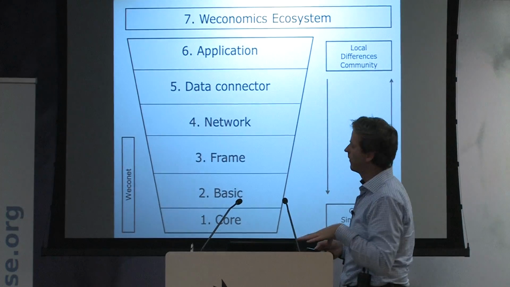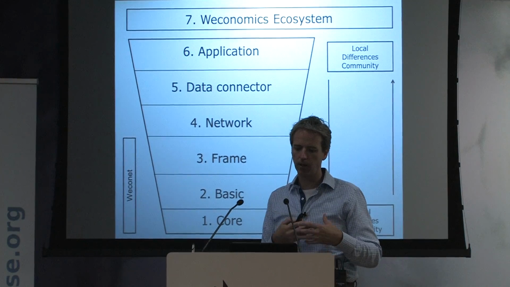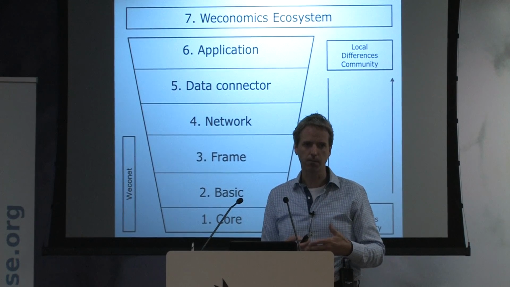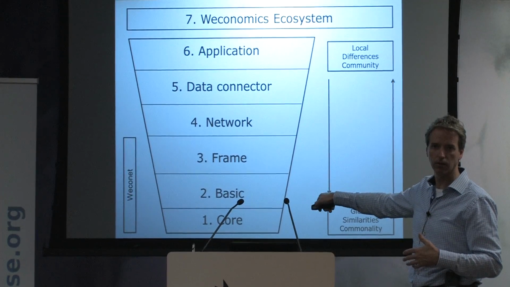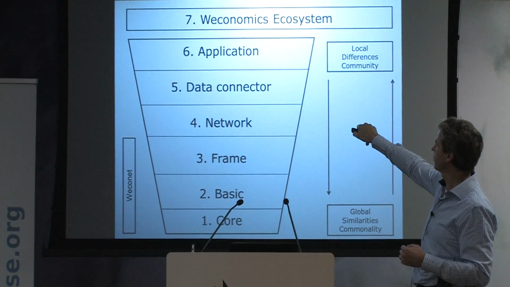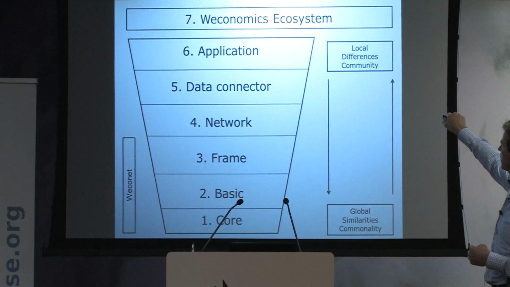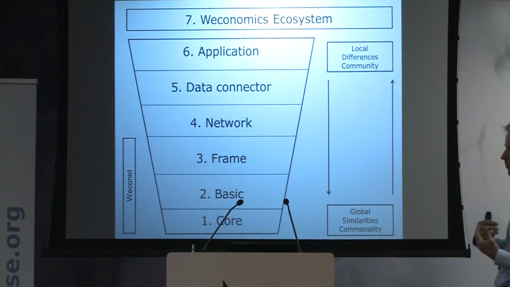Okay. What we're working on in Weconomics, and then come to an ending, is a kind of ecosystem that's built up from the core. That's the ontology, the taxonomy, and above is the application. So in the application you put in local differences, and in the core you put in similarities.